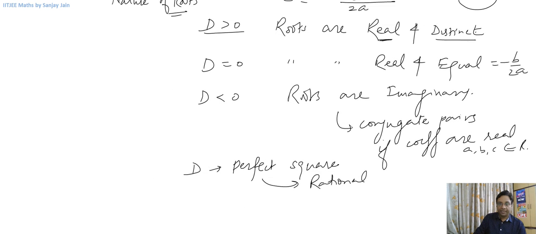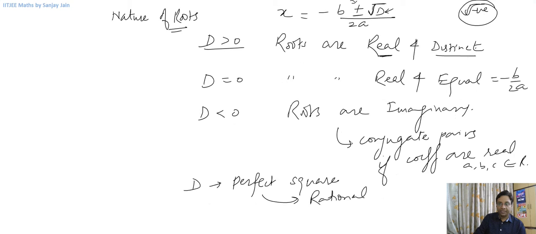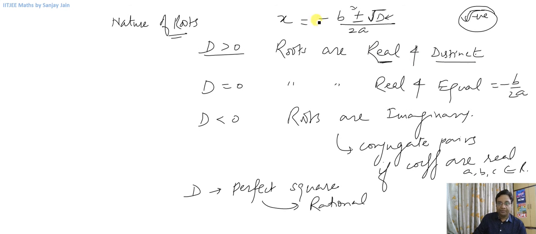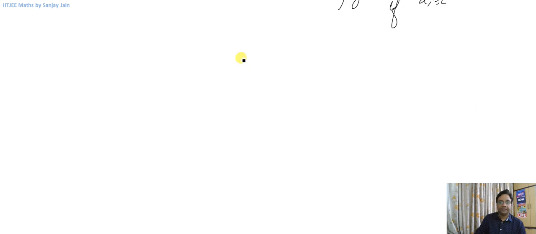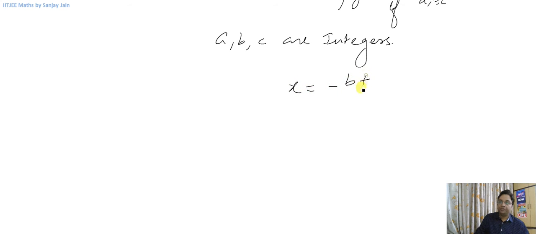Okay, and now let me give you a condition. When a, b, c are integers, right? Let me write the roots once again for you. x is equal to minus b plus minus square root of b square minus 4ac by 2a.